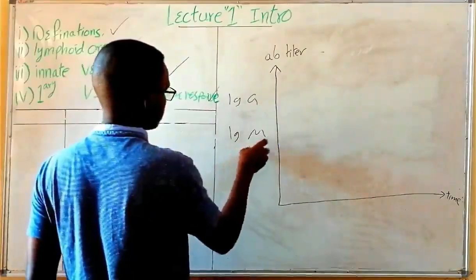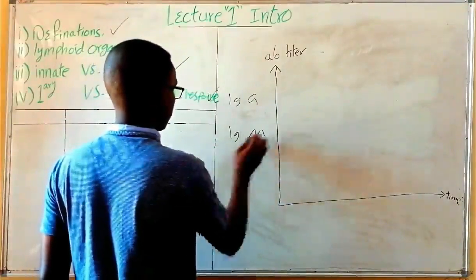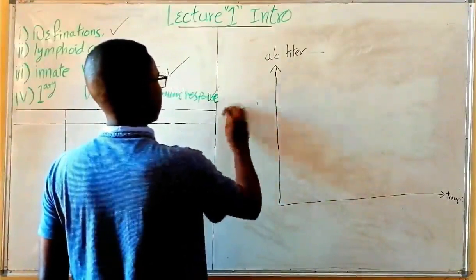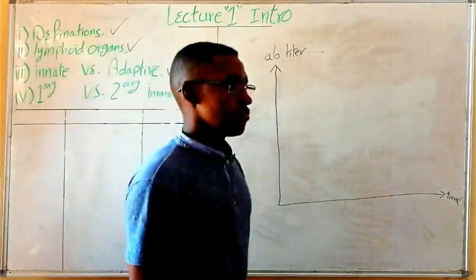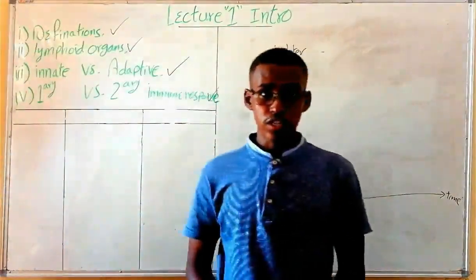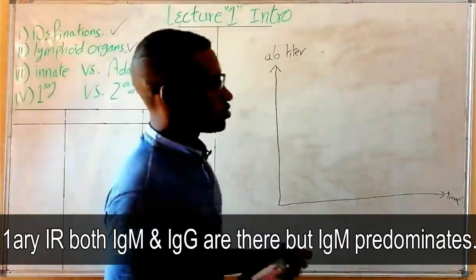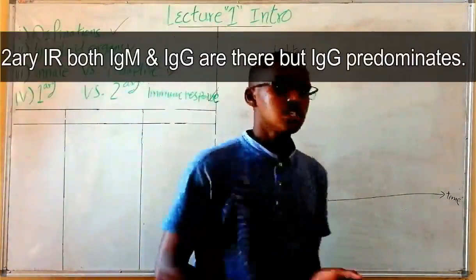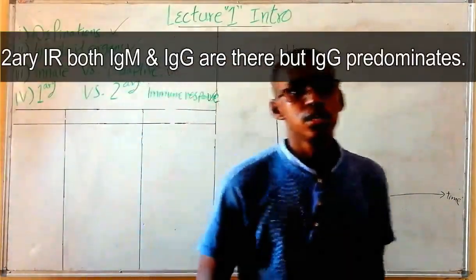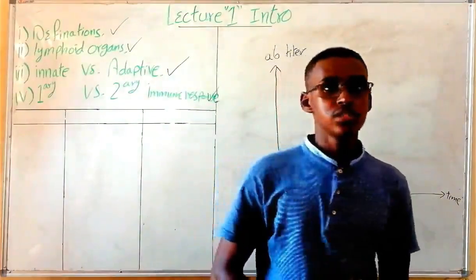So this is the first antibody to be produced in the process of immune response. When it's the second time or it's a chronic condition, the body responds by producing IgG. We will come to the details of all of the classes of antibodies, and you will come to understand all of the topics related to antibodies, immunoglobulins, in the lecture on antibodies.